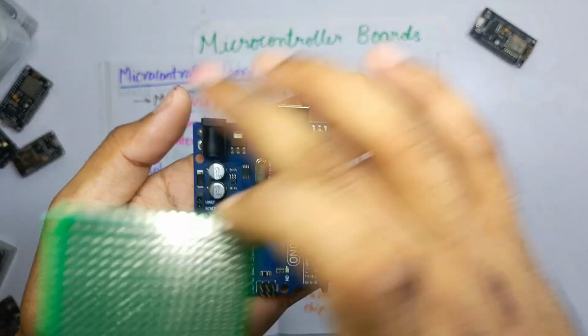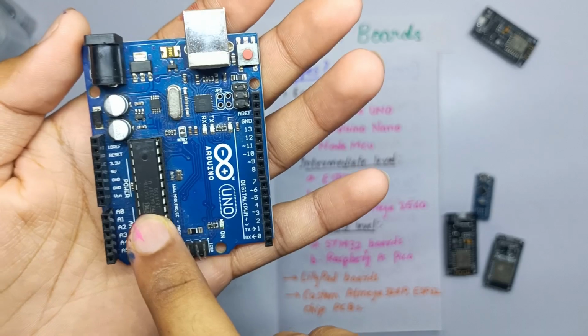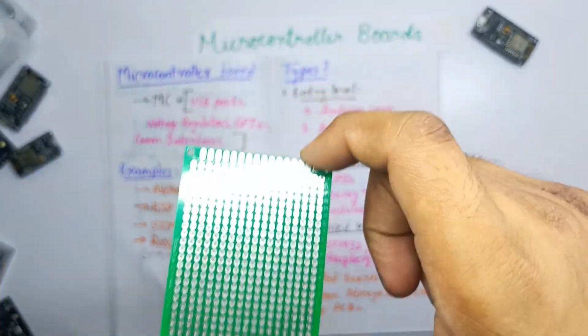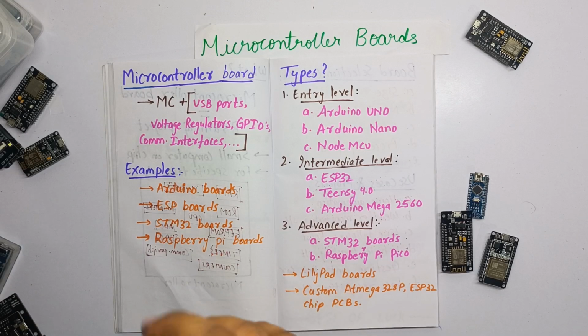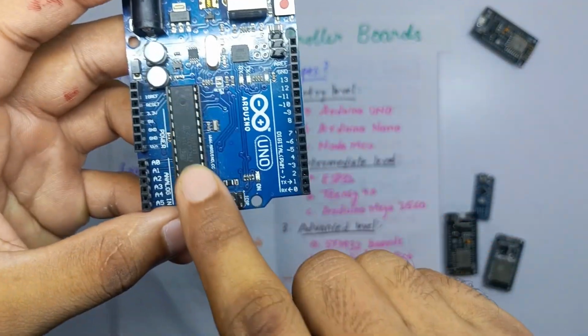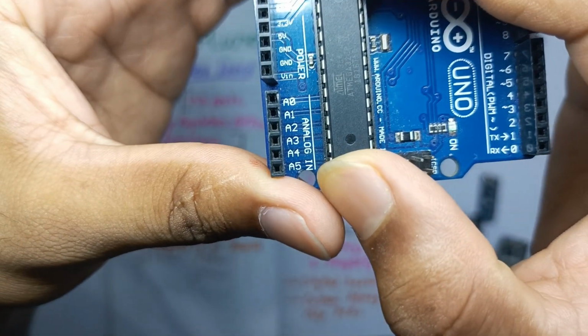I need not use this entire board, but I can use only this microcontroller and attach it to some other devices, and I can use it like that. This is called the ATmega328P microcontroller.